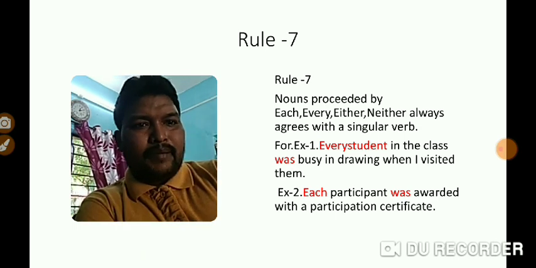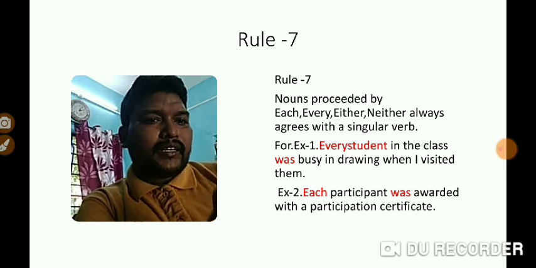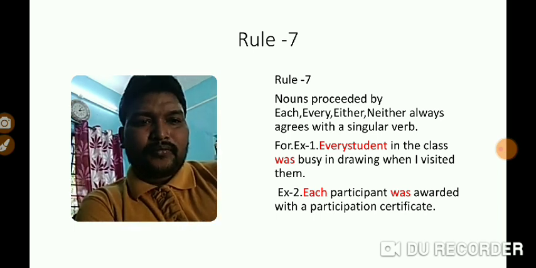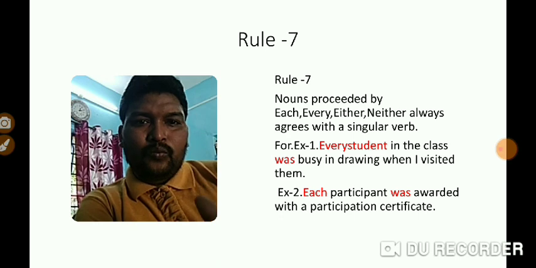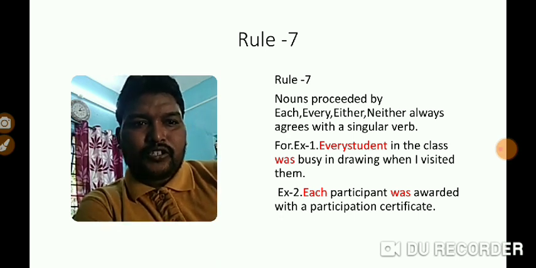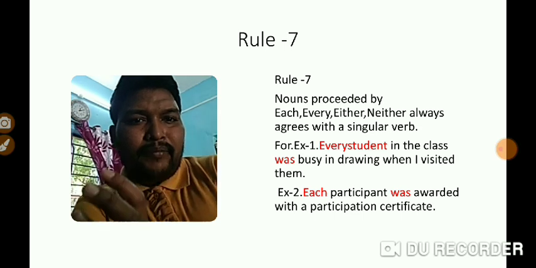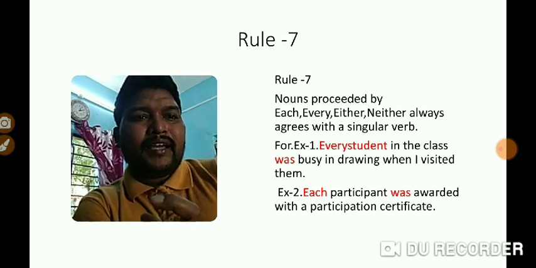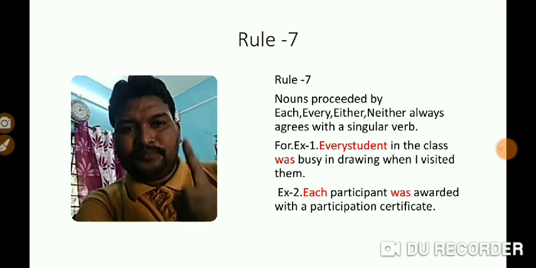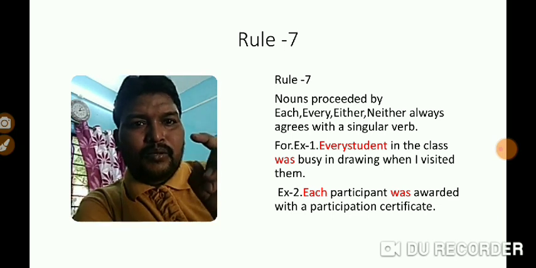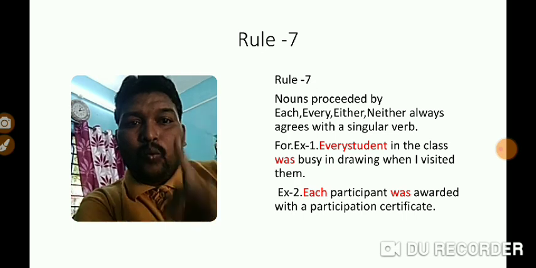Let us take for example, every student in the class was busy in drawing when I visited them. Every student, here what is the subject? Student is the subject. The subject has been preceded by the word every. Each, every, either, neither, these refer to one. Always keep it in mind that these are some of the words that refer to one.